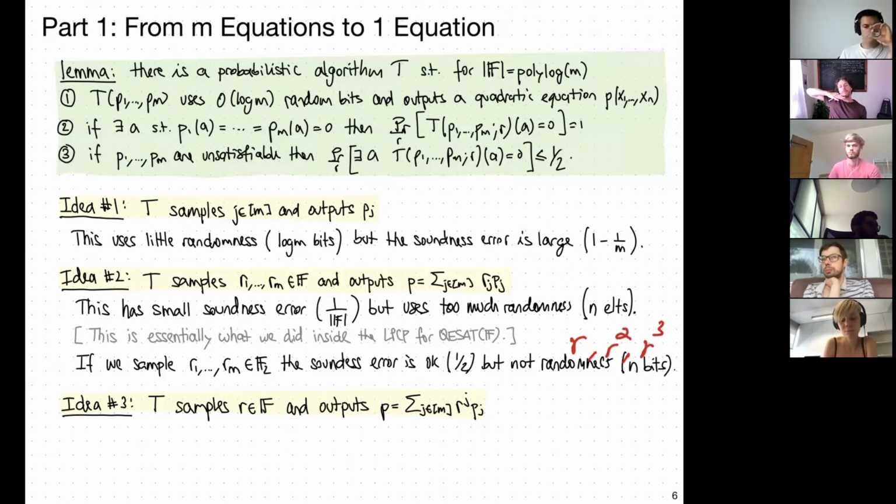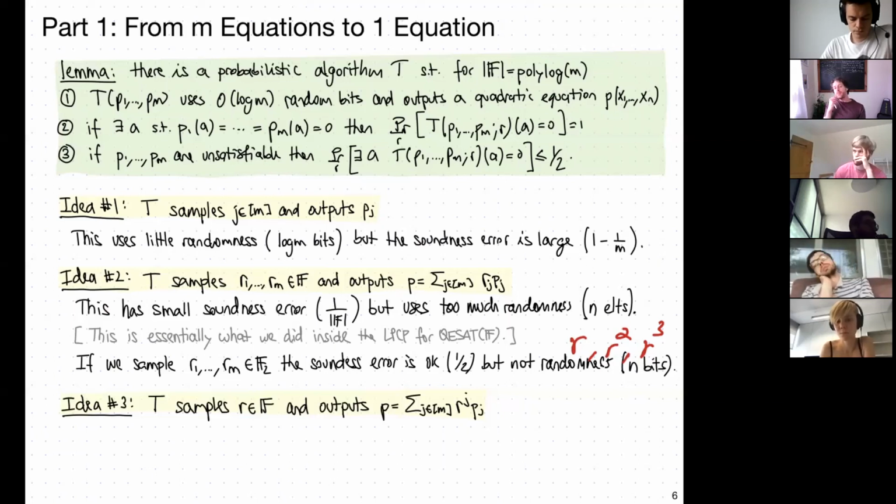If both of them are satisfiable, then you have an equation which is equal to 0 and another equation which is equal to 0, so you add them both up and you get something which is equal to 0. However, if one of them is not equal to 0, then morally you'd expect that when you add them up together, the equation would still not be zero.